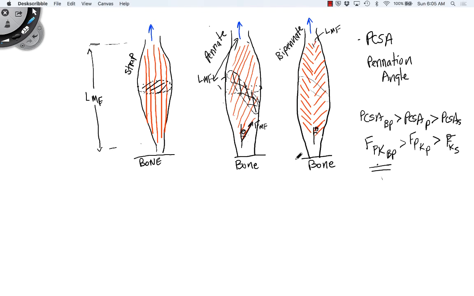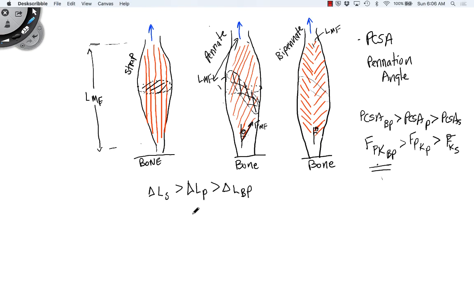So if we think of that, then we can say, okay, here the potential change in length of a strap muscle is much greater than that of a pennate muscle, and that's much greater than the change in length of a bipinnate muscle, right?